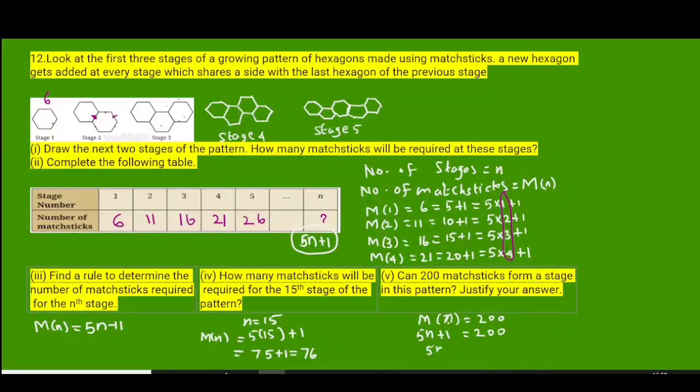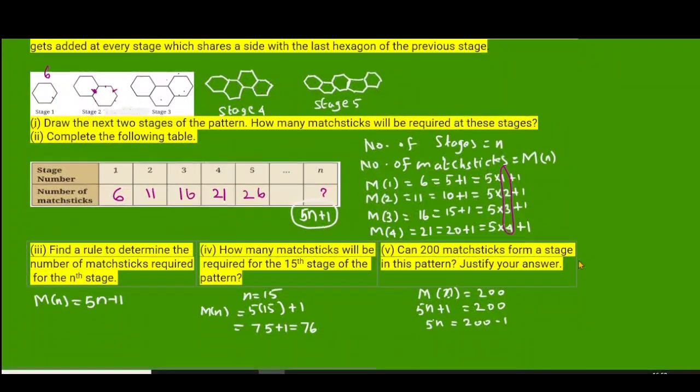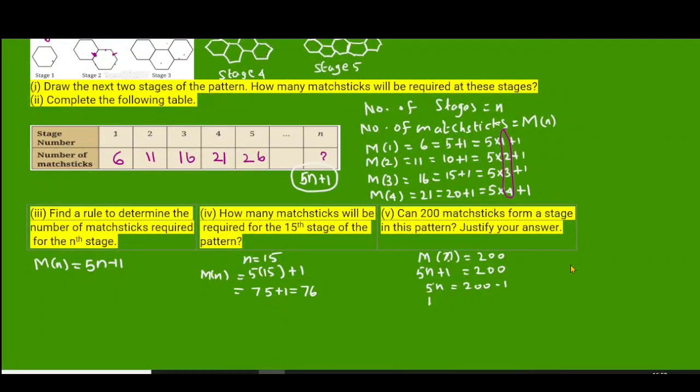So 5n is equal to 200 minus 1, so 5n is equal to 199, and n is equal to 199 by 5. We cannot divide 199 exactly, so we will get a decimal value, 39 point something. Which means it is a decimal number.